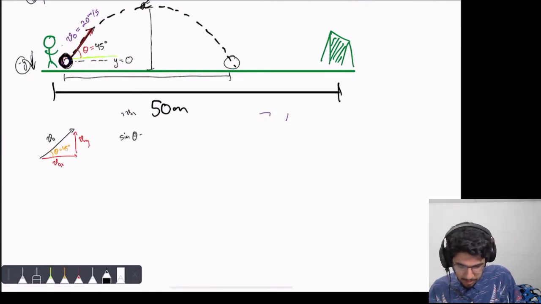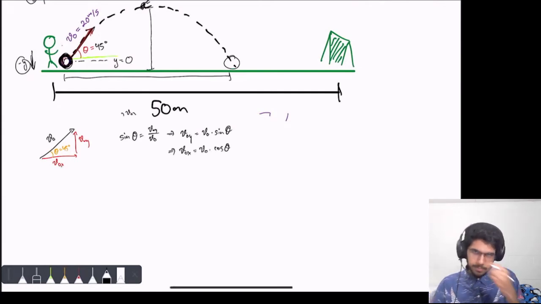Sine of theta equals v naught y over v naught, and then if we simplify this a little bit, we get v naught y equals v naught times sine of theta. And if you do a similar thing, v naught x equals v naught times cosine of theta.